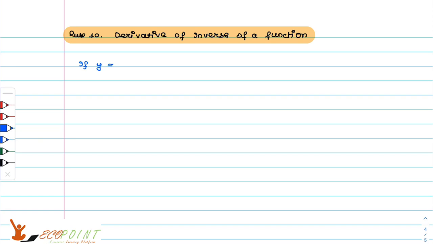So if you have y is equal to fx, if y equals to fx has the inverse function x equals to gy, then dx by dy is nothing but 1 upon dy by dx.